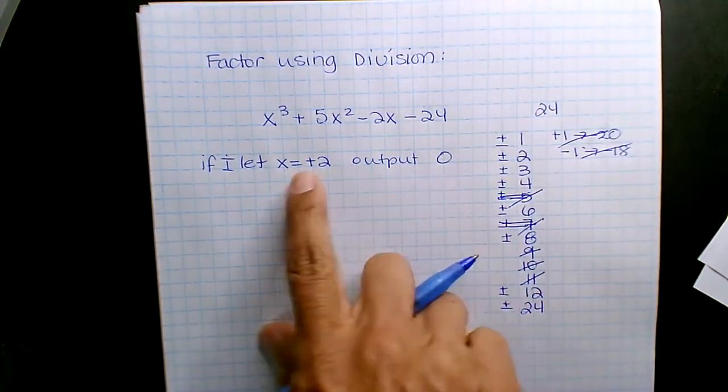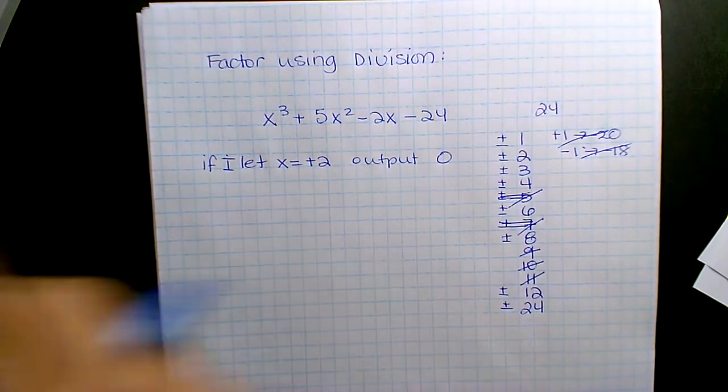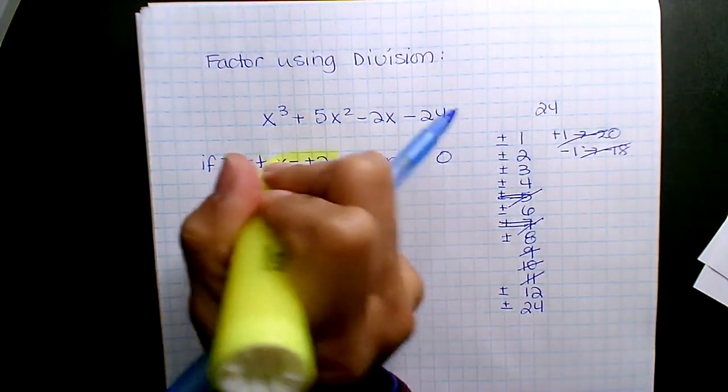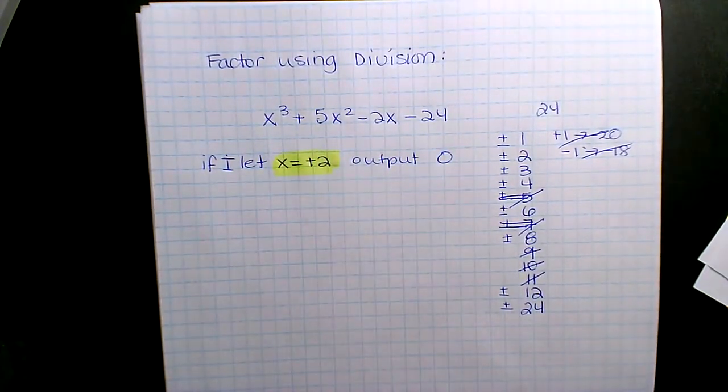So that's a factor. So what's going to be my binomial that I'm going to divide by? What am I going to grab? How do I represent x equal positive 2 as a binomial? What do you guys think?